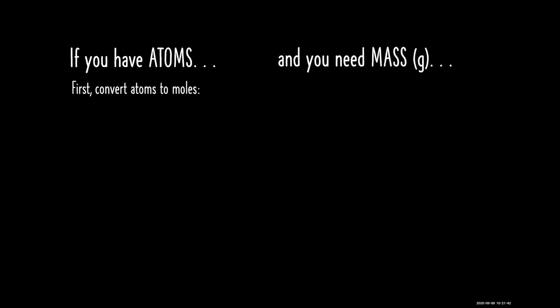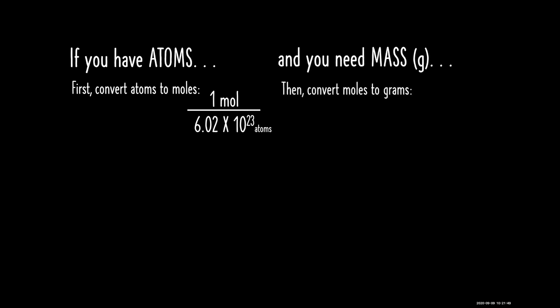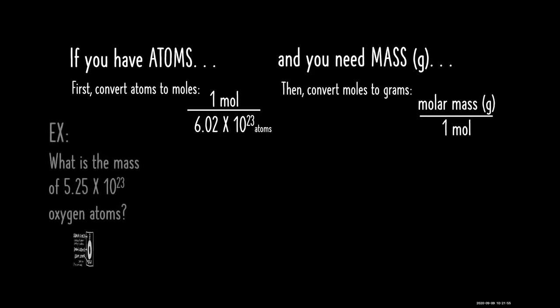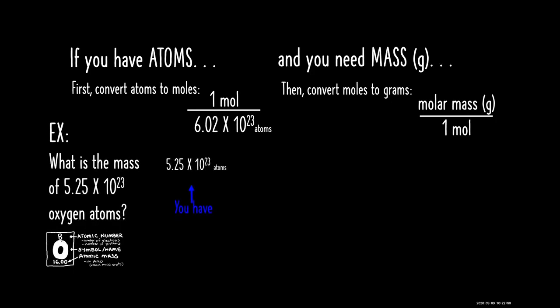If you have atoms and you need mass, first convert atoms to moles using this conversion factor again, and then convert moles to grams using this conversion factor. So for example, what is the mass of 5.25 times 10 to the 23rd oxygen atoms? You have 5.25 times 10 to the 23rd oxygen atoms, and you need grams.